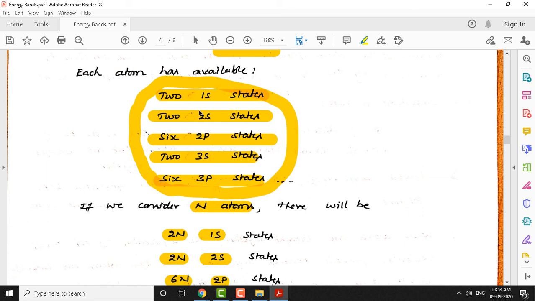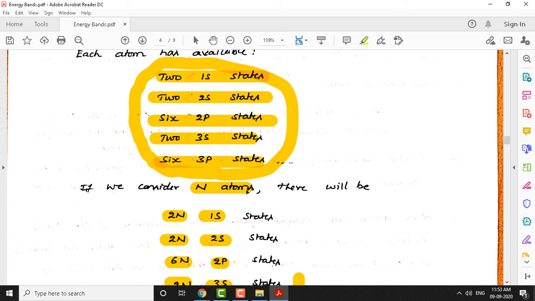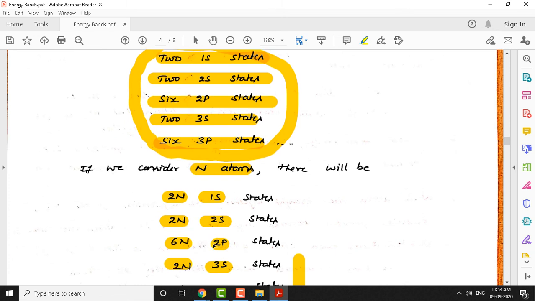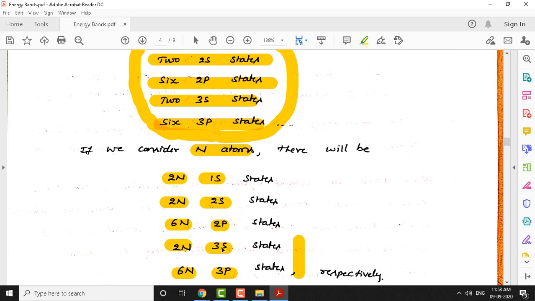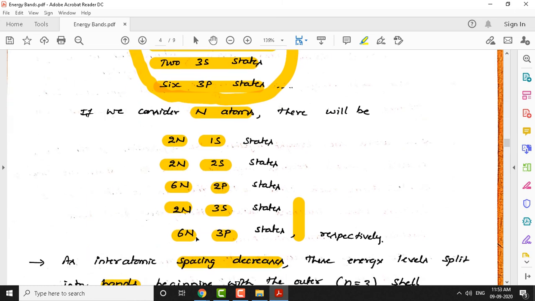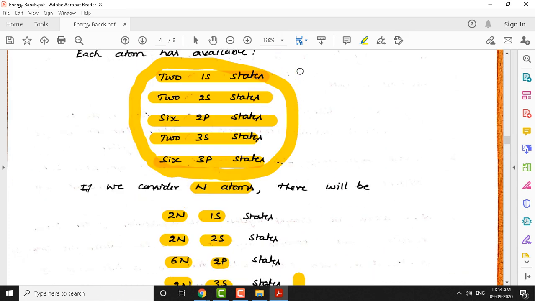Similarly, for the 2s state, an individual atom can hold 2 electrons, whereas n atoms can hold 2n electrons. Likewise, 2p can hold 6n electrons, 3s can hold 2n electrons, and lastly 3p can hold 6n electrons. These last two, 3s and 3p, form the valence orbit in the case of an isolated atom.